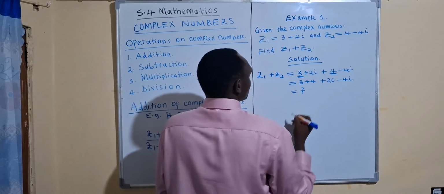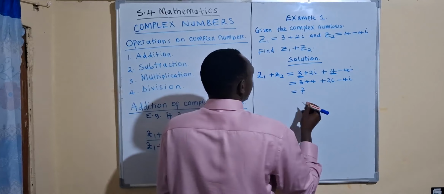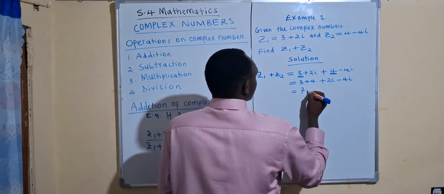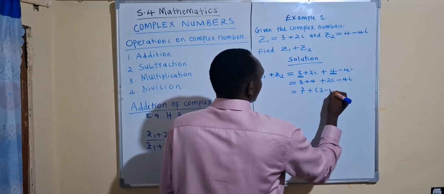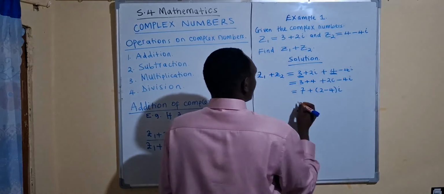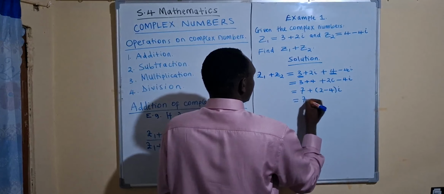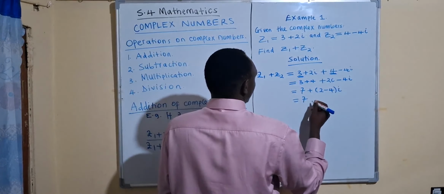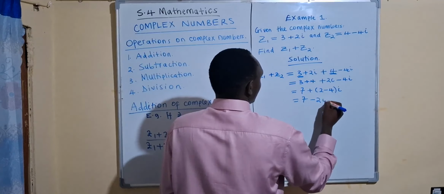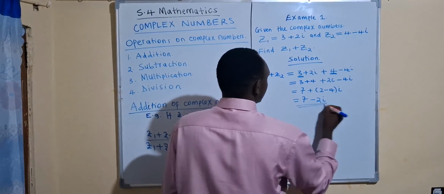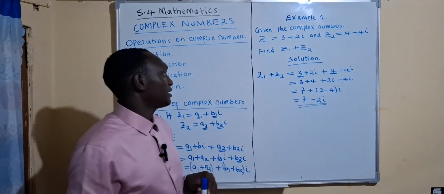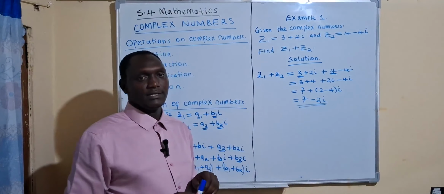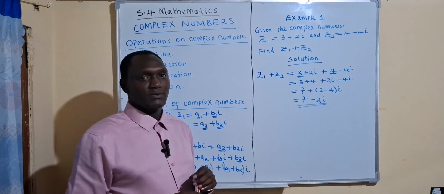And what is 2i minus 4i? It is simply the same as plus 2 minus 4i. 2i minus 4i is negative 2i. So this is the solution for the addition of the given complex numbers Z1 and Z2.